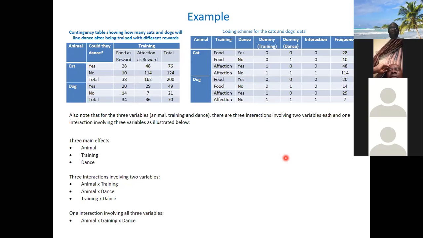Apart from 2, you're going to have 3 interacting, 4 interacting. But the highest order here is animal times training times dance. The next order will be animal times training. So those are the 2 levels of interaction. What are the main effects? There is no interaction here.